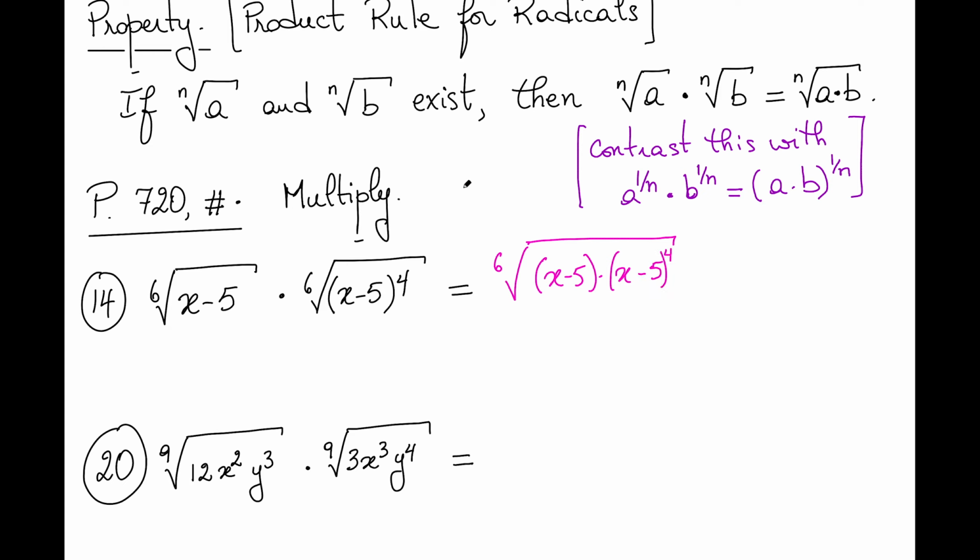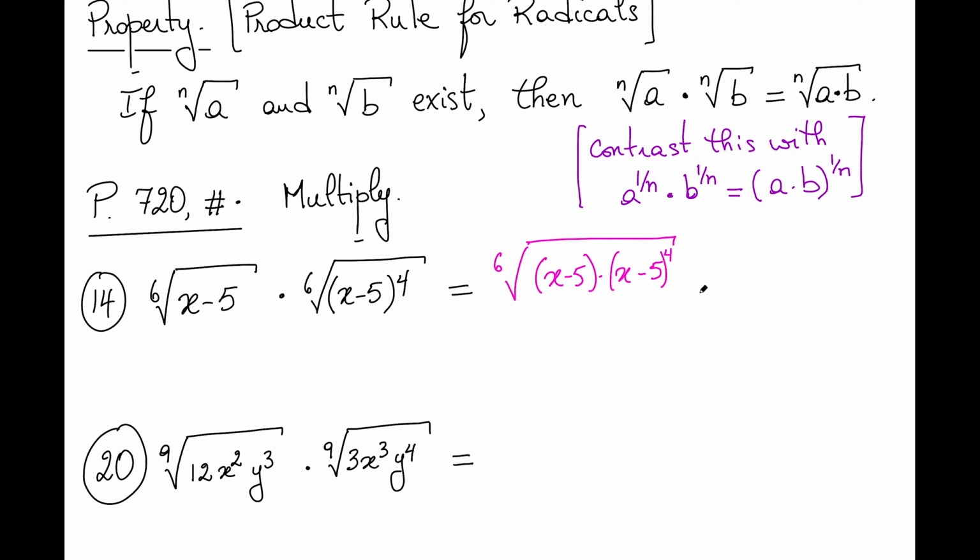So what are we using? What's the dictionary between this property and this current example? The 6 is the n, the x minus 5 is the a, and the x minus 5 to power 4 is the b.